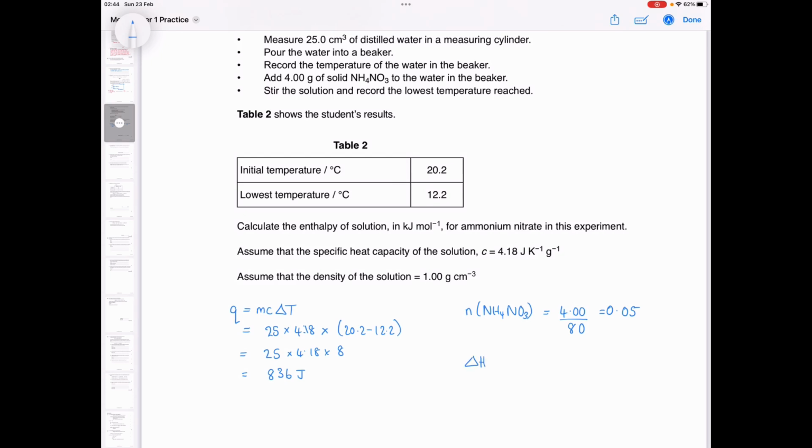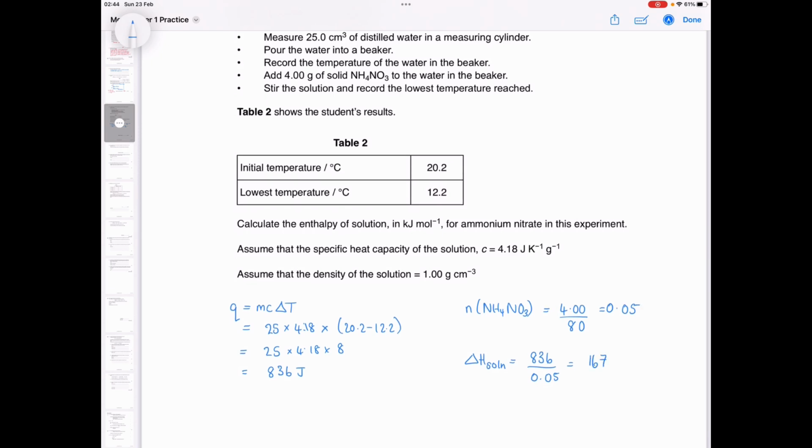So the enthalpy change of solution is equal to 836 joules per 0.05 moles, which is 16,720. It's endothermic because it got colder. So it's plus 16.72 kilojoules per mole.